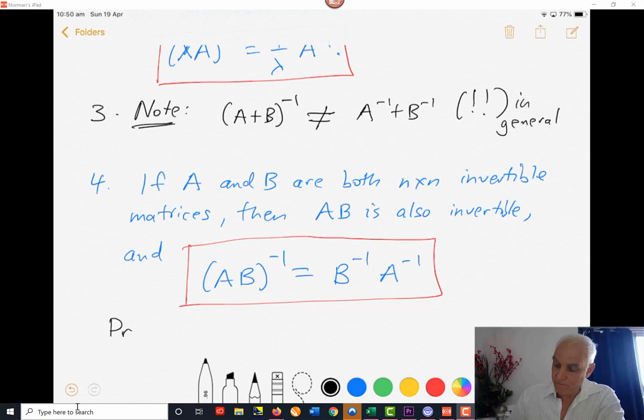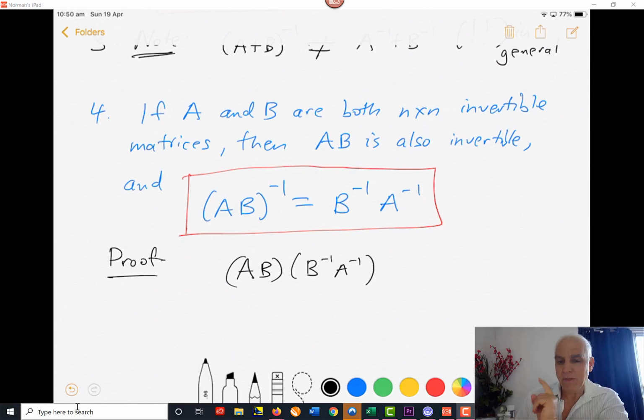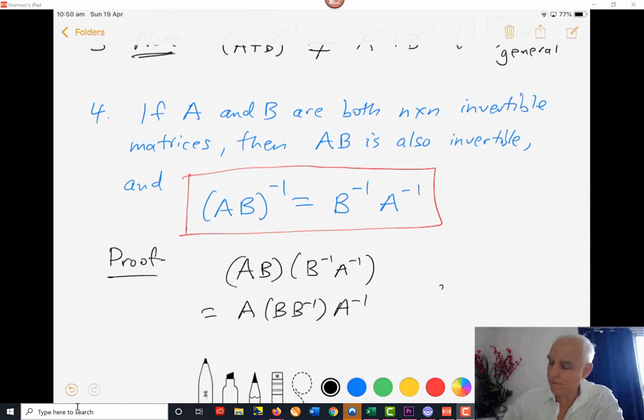Let's give a little proof of this. Let's take AB and multiply it by B inverse A inverse. I want to show that that's the identity. Well, by the crucial property of associativity, we can write that as A times B B inverse times A inverse.